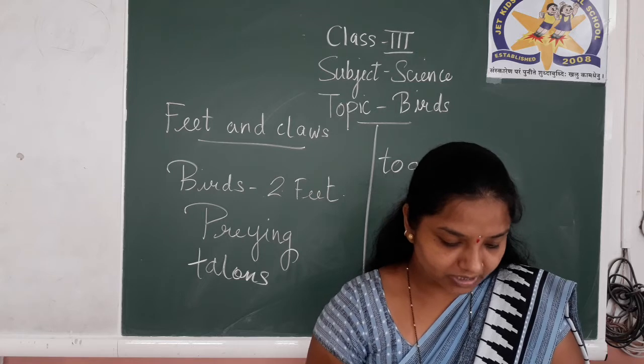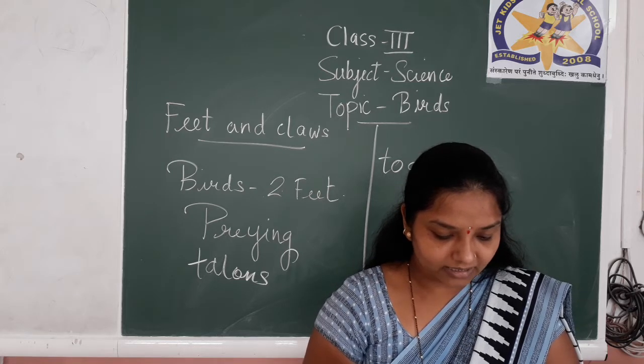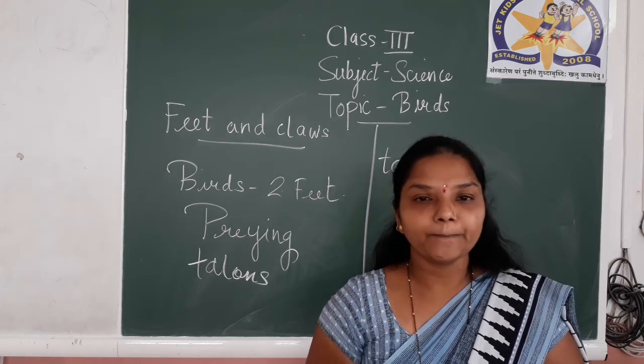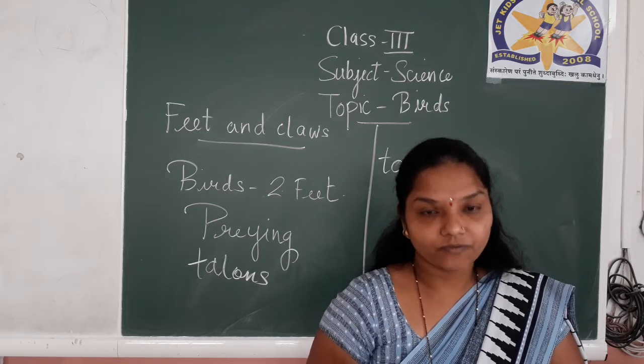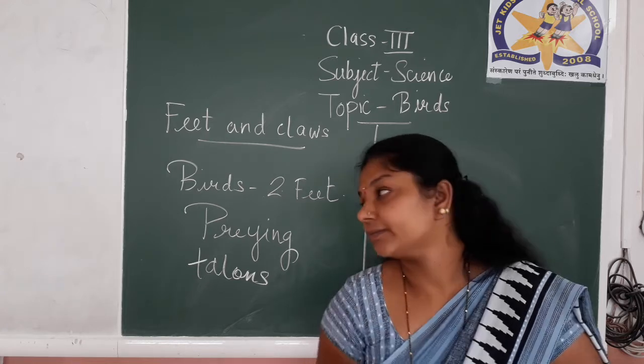Then perching birds. Birds such as pigeon, crow, sparrow and nightingale have feet with 3 toes in the front and 1 behind. Such feet help them to hold on to the branch firmly. This is called perching.